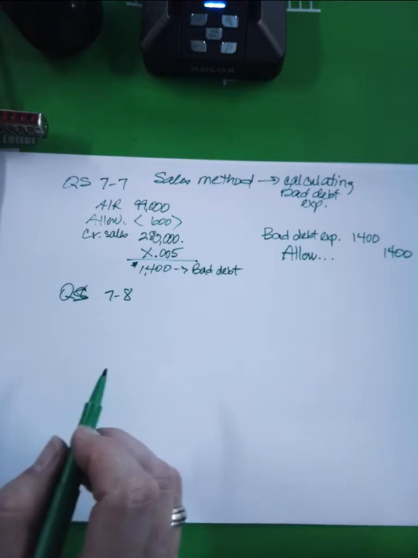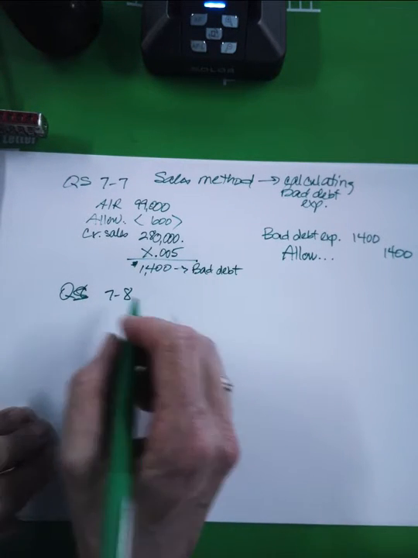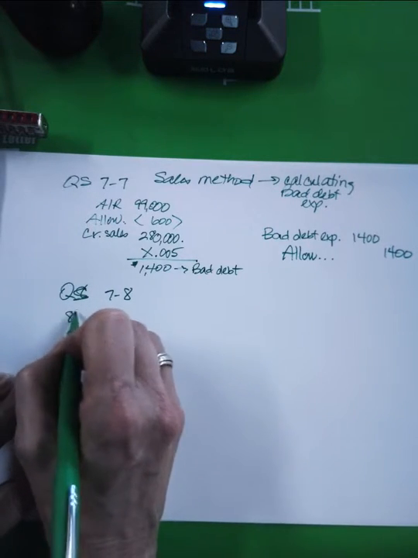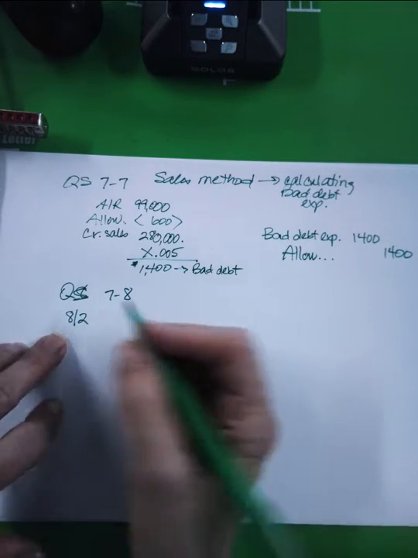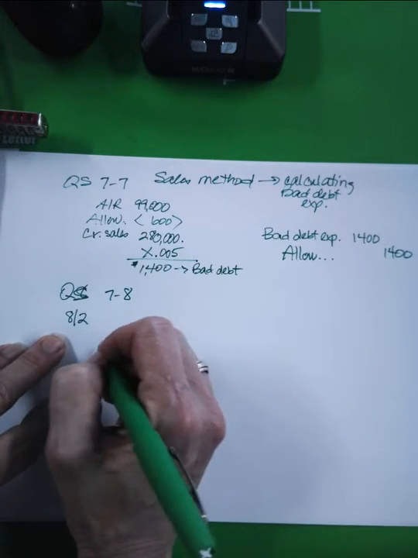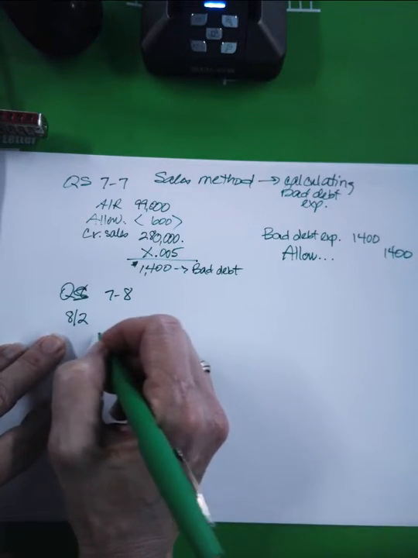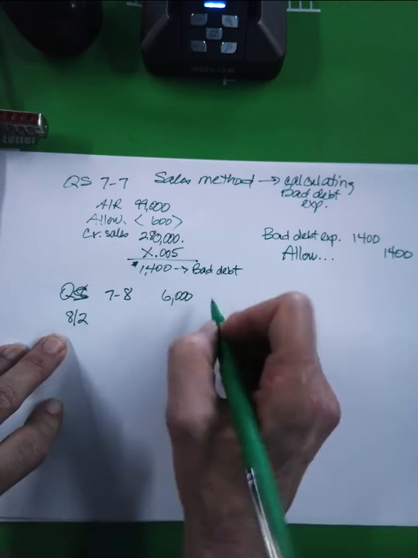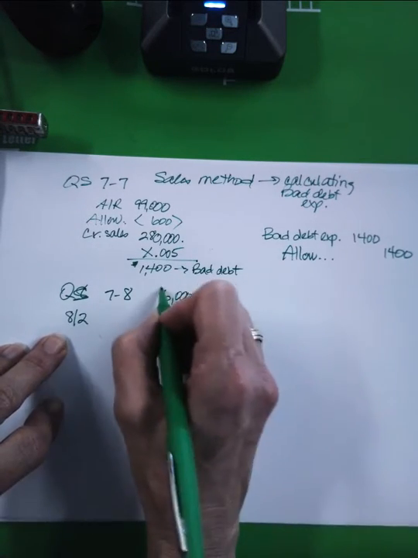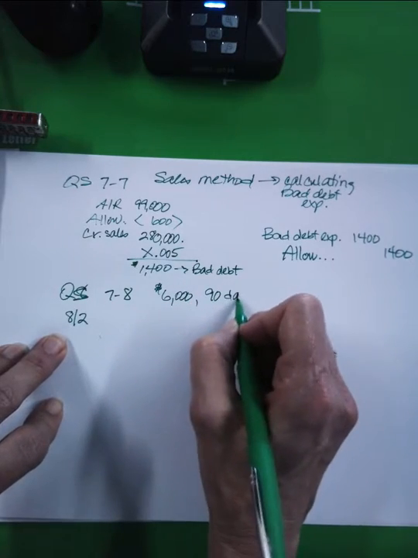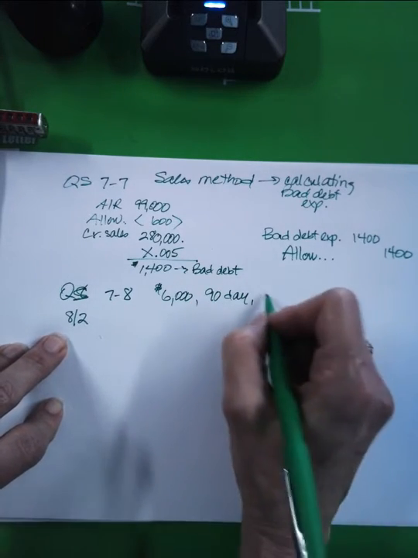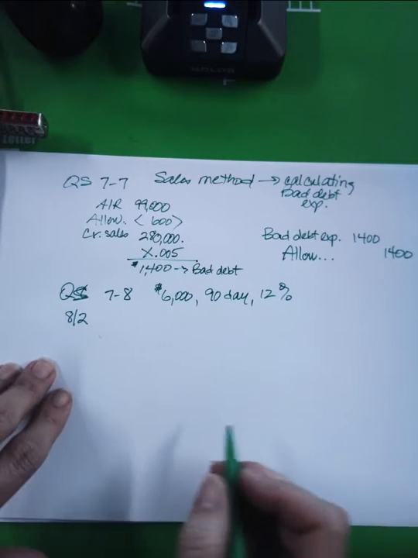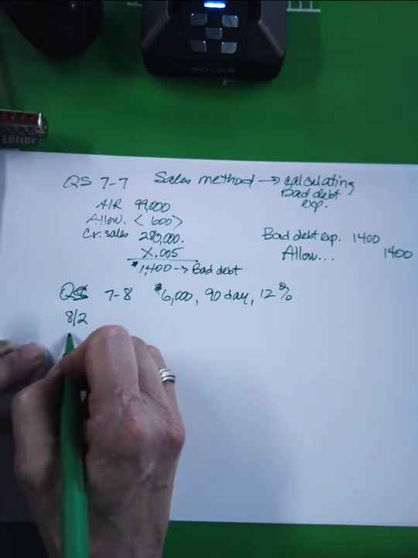If I have a 90-day note and we made it on August 2nd as the start date, let's figure out what the due date of that note receivable is going to be. $6,000, 90-day, 12%. First off, when is this note going to be due?